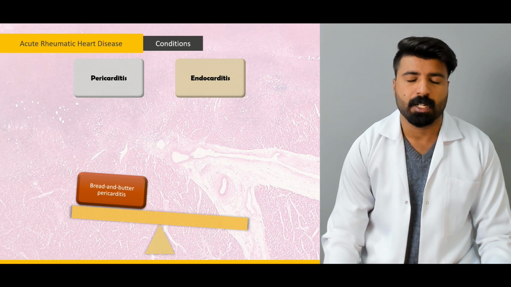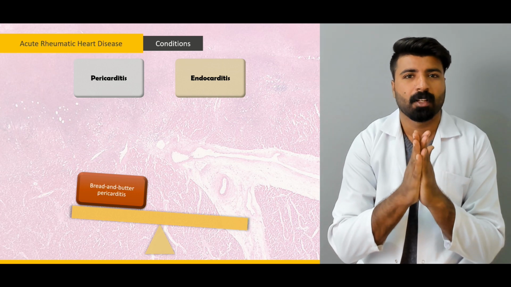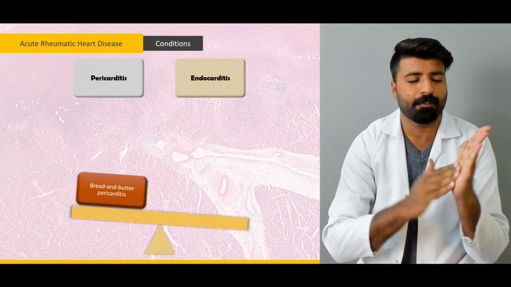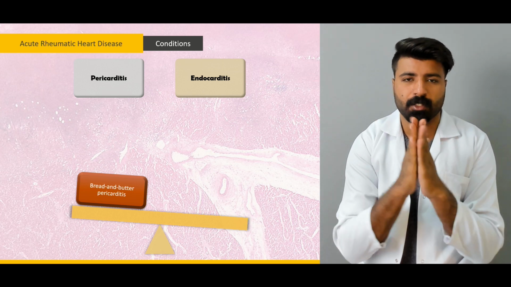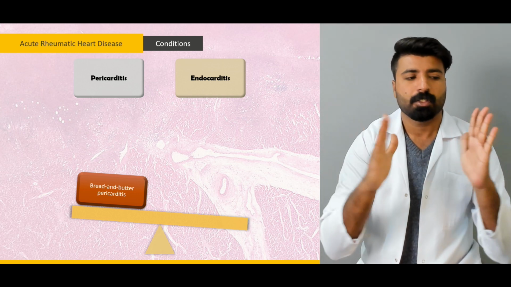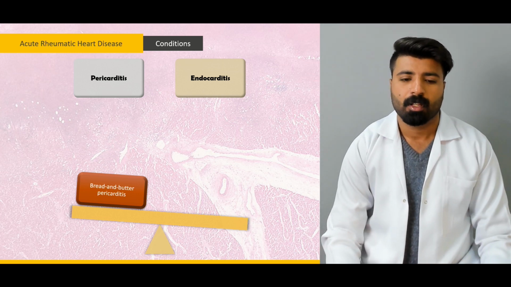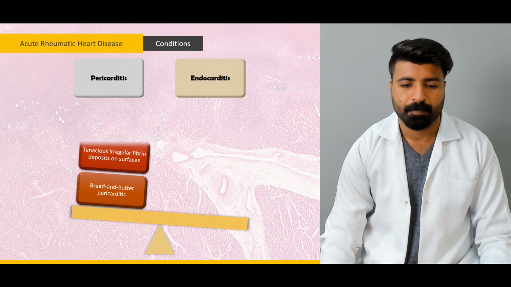If those layers are separated, they give off the appearance of bread and butter: if bread was spread with butter and two slices were combined together, and now they're taken apart, that inside appearance will be the appearance of the pericardium. That's how it's depicted in books and texts.